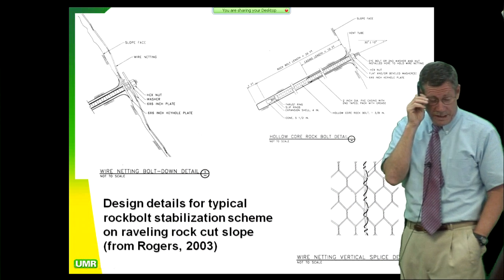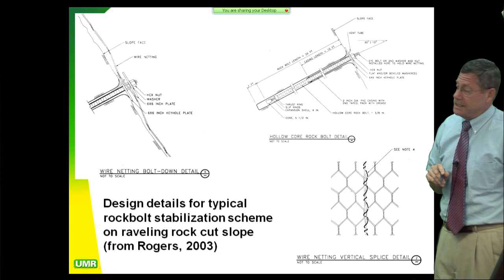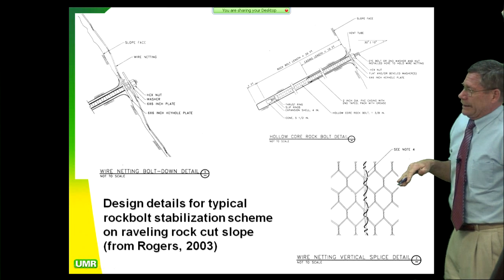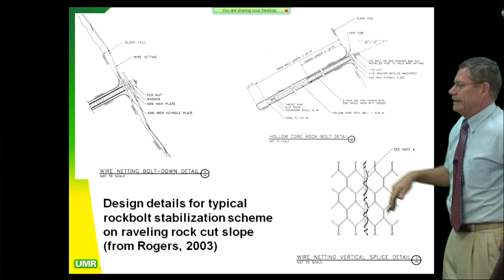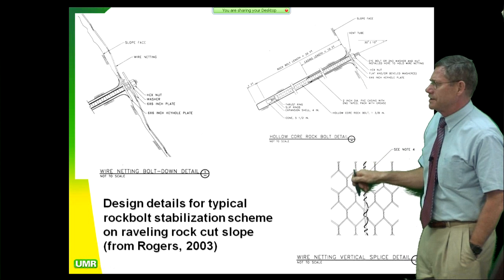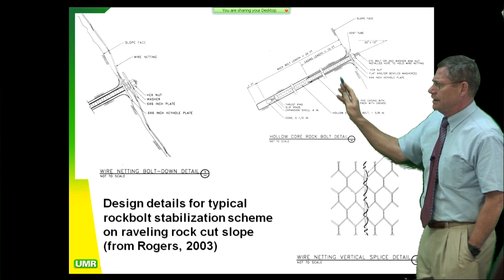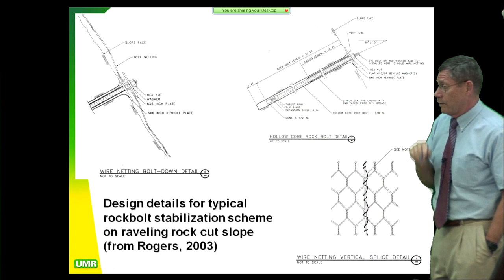I have posted on my website the details I've done for the Transportation Research Board Highway Geology Symposium back in 2003. Everybody uses these details. I don't have them copyrighted. They're out there. We developed them over years and years of doing these kinds of jobs using the hollow core rock bolts, which I learned about from the Corps of Engineers.